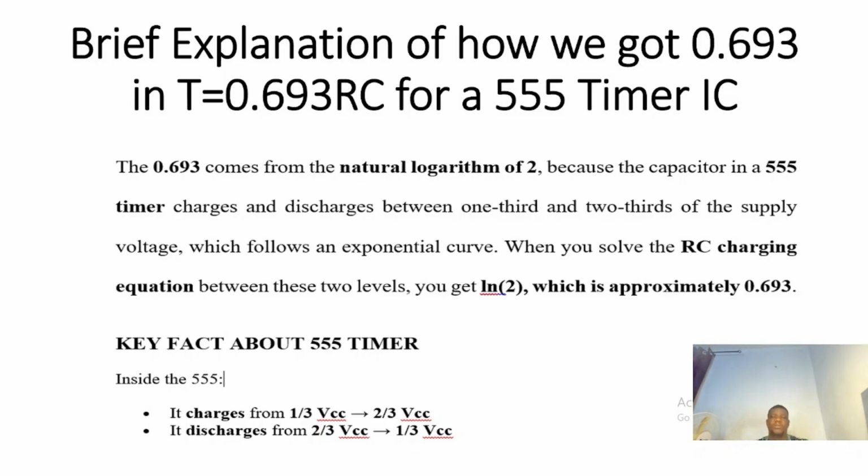It's actually coming from the RC charging equation, the capacitor charging equation of 555 timer IC, and the value you have is actually the equivalent of the natural logarithm of 2, because the capacitor in 555 timer IC charges and discharges between 1/3 and 2/3 respectively, in the sense that if we supply 12 volts to a 555 timer, the charging is from 4 volts to 8 volts and discharging is from 8 volts to 4 volts.